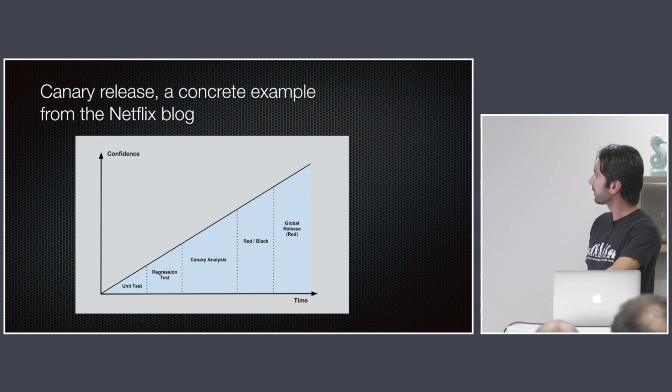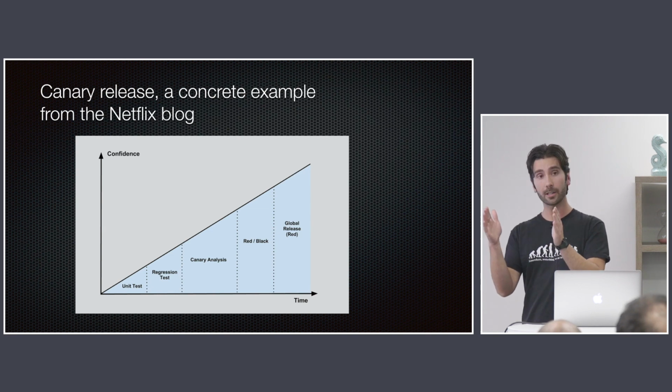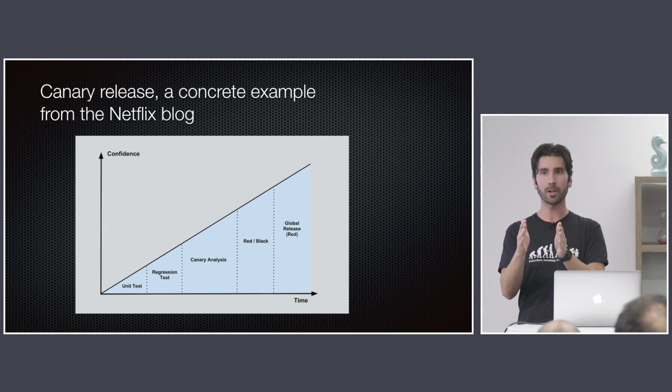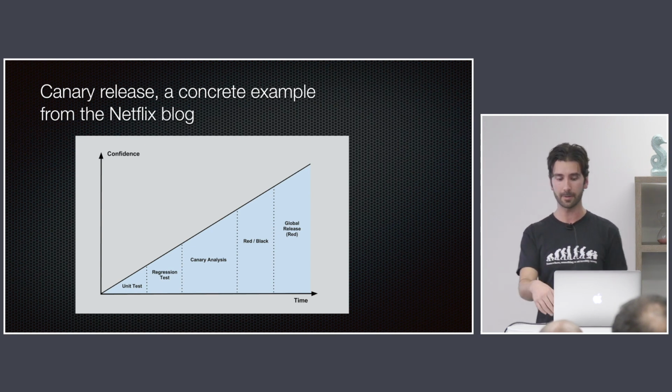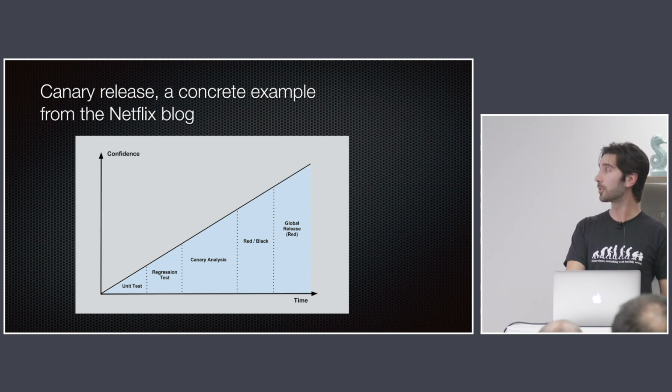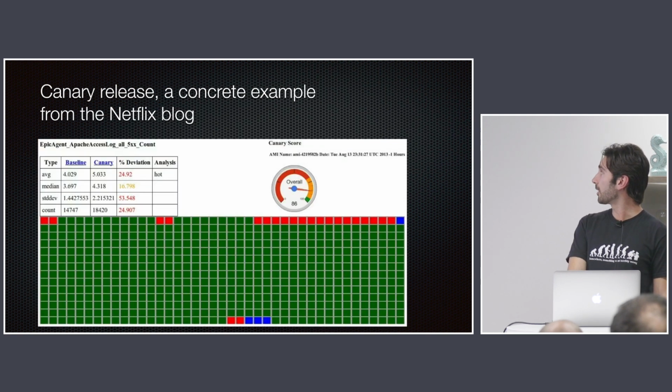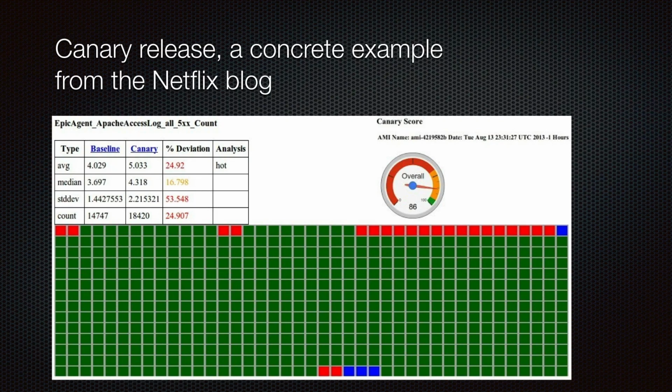So what the canary analysis does is direct about 1% of the traffic in production to a small cluster with all the new services that they want to release to production. And because they have very advanced metrics, they can compare the metrics between the baseline, the current production environment taking 99% of the traffic, and the canary environment, which is taking 1%.